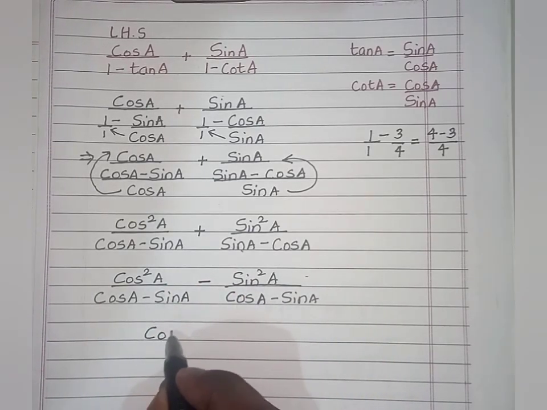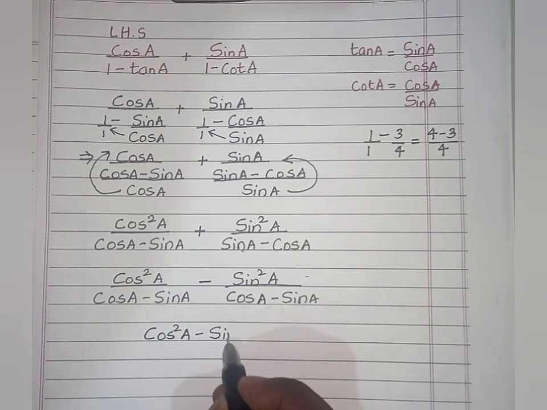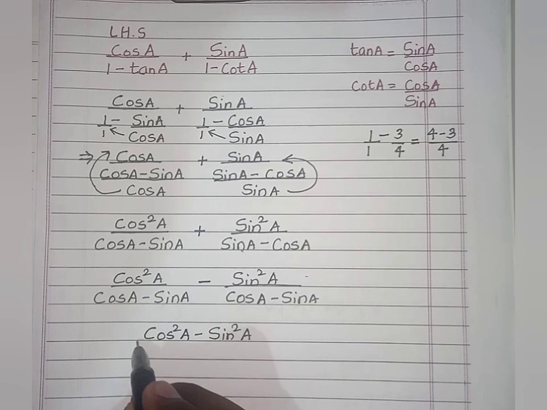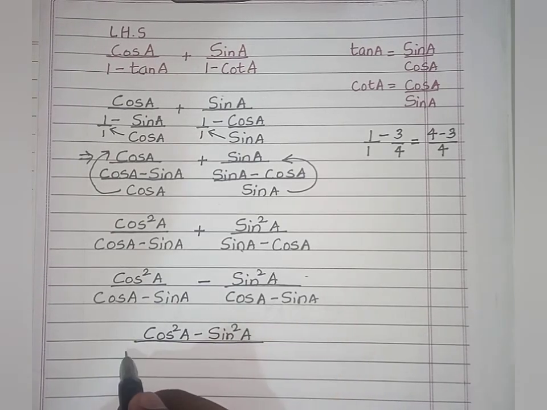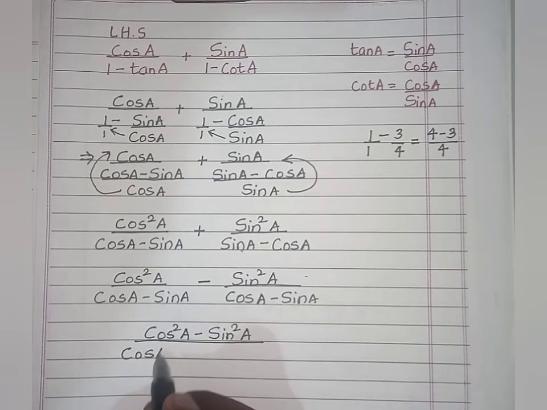Since the denominators are same, I can directly subtract the numerators, that is cos square A minus sin square A whole divided by cos A minus sin A.